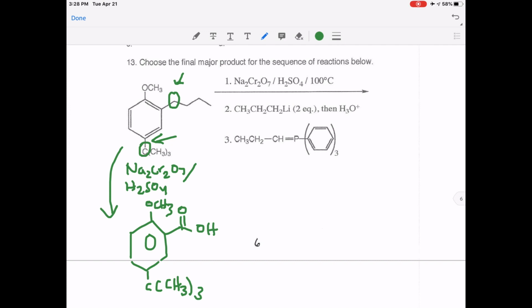So now for the second step, this is a little bit more nuanced. We are now trying to add an organolithium reagent to this material. When we do that, we actually have to go through this in a step-by-step process.